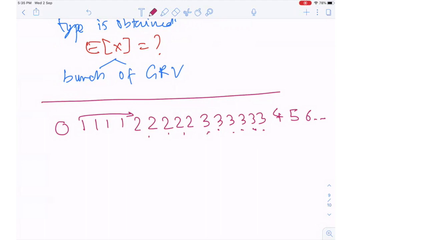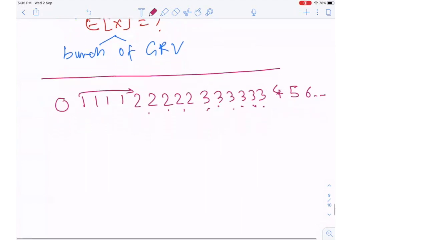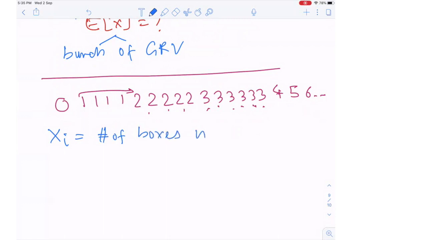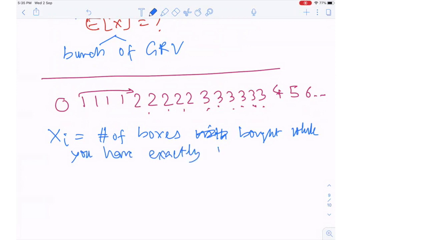Okay, so now let's set this up. I'm going to say Xi is the number of boxes bought while you have exactly i minus 1 coupons.